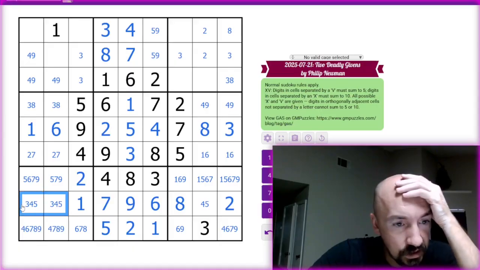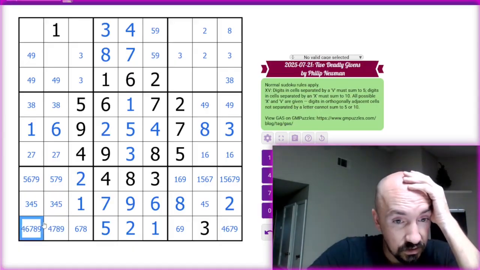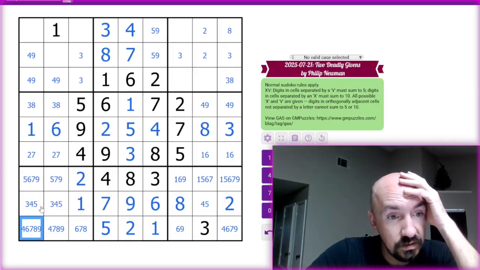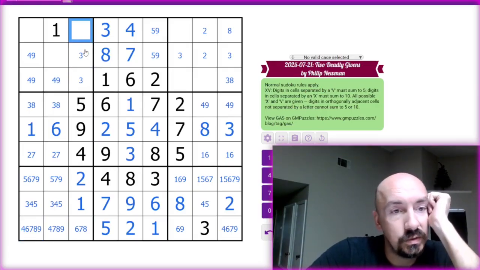Okay, so 3s have to go here. This is not looking good. 3, 6, 7, and 8. Okay, so we know that the 7 cannot be there, but it could be in one of those two.